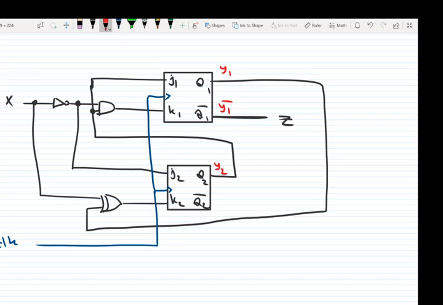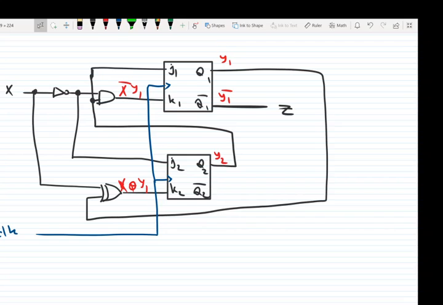And the output of each gate: the output of the AND gate is x bar y1, and the XOR gate is x XOR y1. Okay, that's it. Yes, easy.